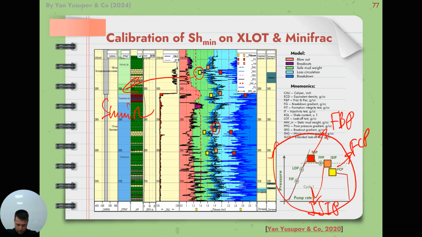ISIP, instantaneous shut-in pressure, is calibrated on SHmin in the seal. This is the reservoir, this is the seal. And the fracture breakdown gradient is calibrated on the fracture breakdown pressure.